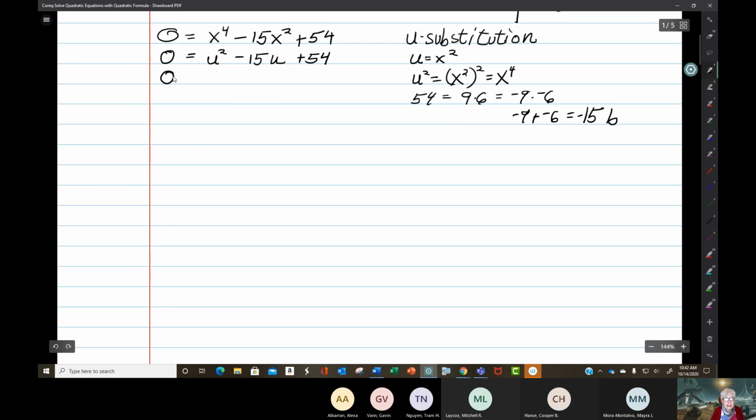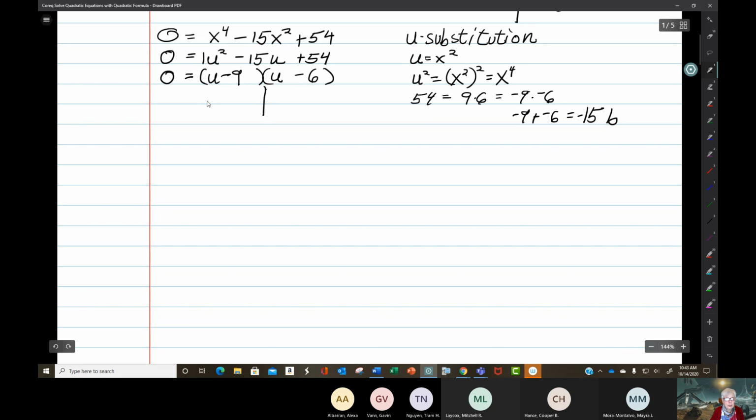Cool. I get to do the easier form of grouping when there's a 1 in front of the quadratic term. So U, and -9 and -6, which turn into minus signs.